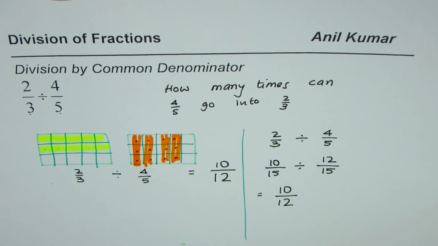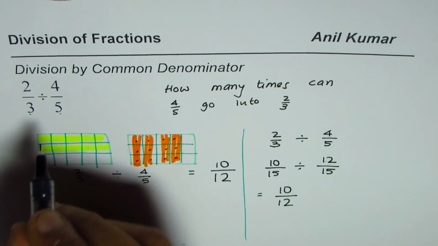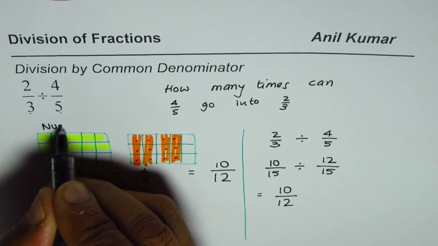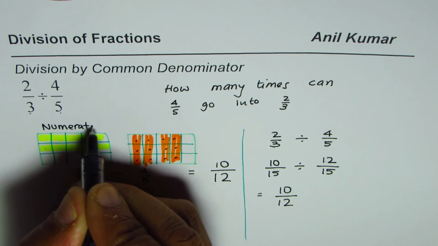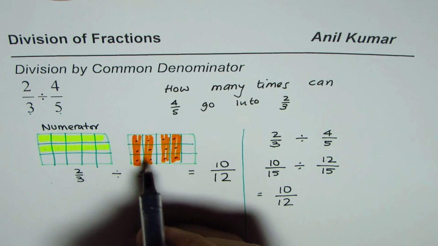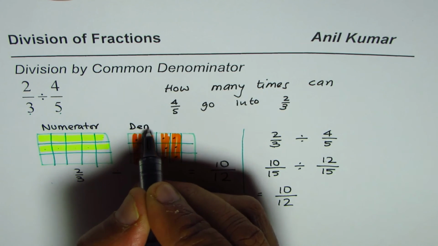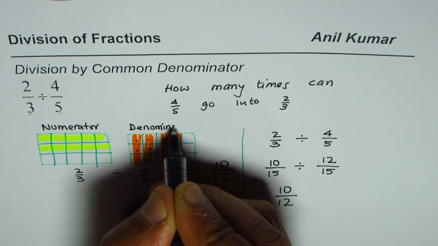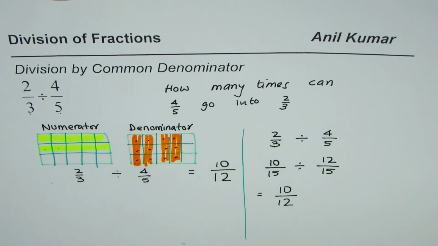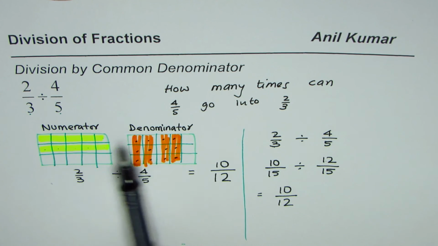So the principle of common denominator tells us that the shaded portions here will form the numerator, and the number of squares or rectangles shaded on the right side will form the denominator. So that gives us a very easy technique of just counting these squares or rectangles and writing down our answer.